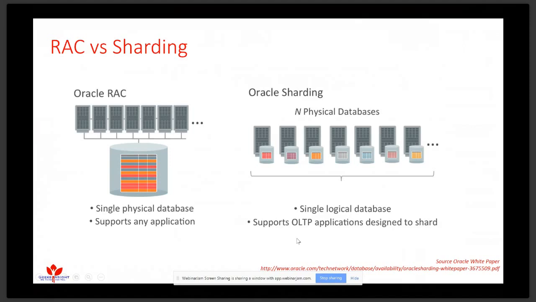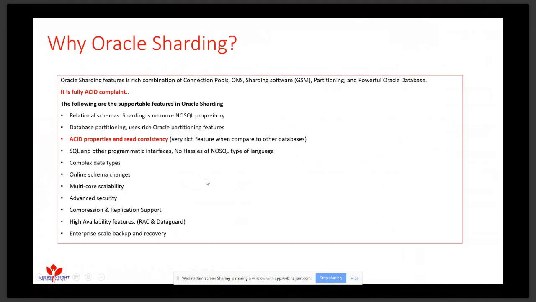Oracle sharding is generally designed for OLTP types of applications. It's a fully ACID compliant database, and it comes with rich features like connection pools, Oracle notification service, sharding software, and partitioning. It predominantly uses the partitioning feature. All the shards work as partitions.